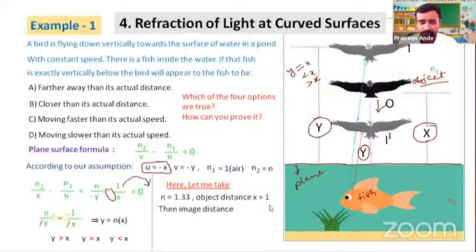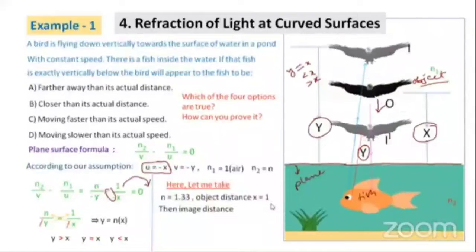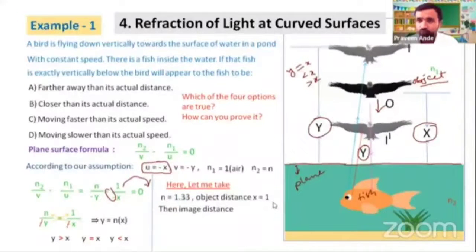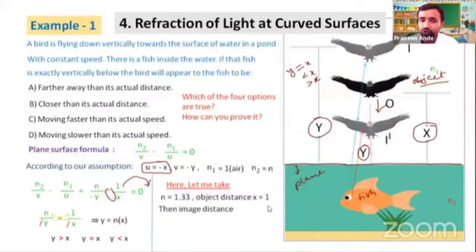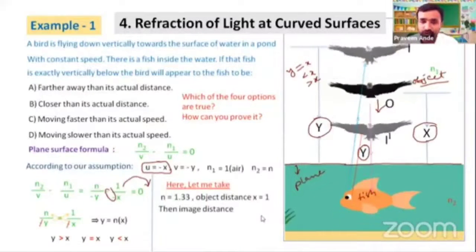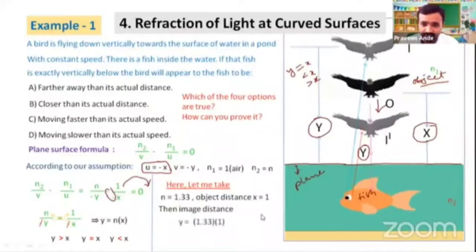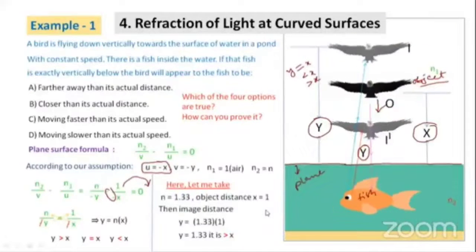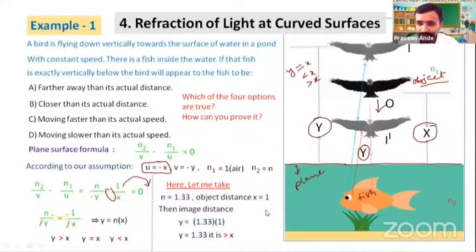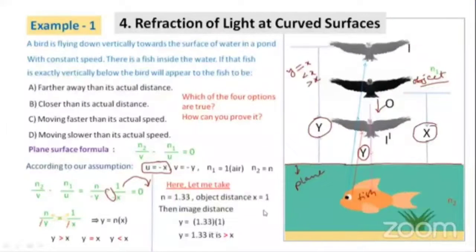So n, the refractive index of the water, is 1.33, and I assumed x is equal to 1. Then substitute that in the relation you got, y equal to nx. Then what can you answer? y is equal to 1.33 into 1, that equals 1.33. Is it greater than x or not? So what am I able to say here?